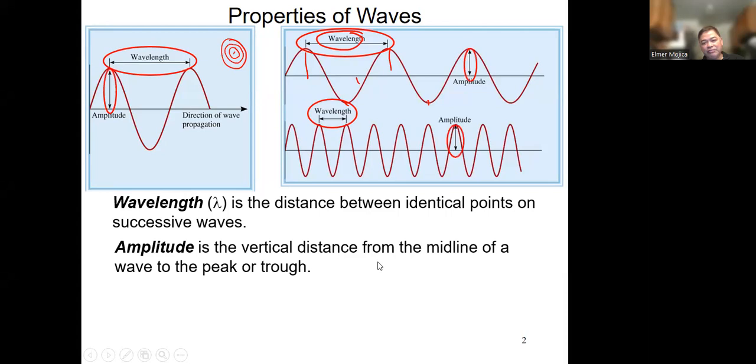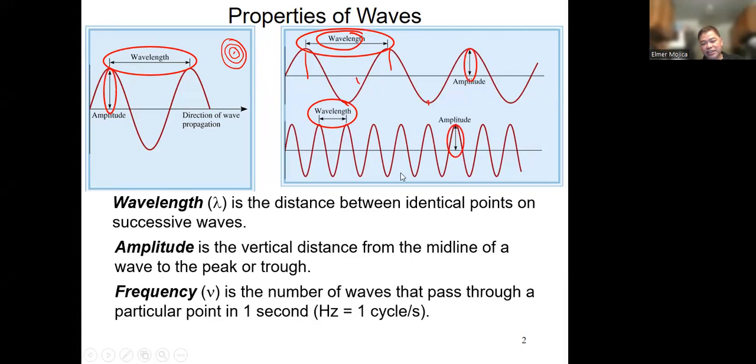That is what we call frequency. Okay, the number of waves that pass through a particular point in 1 second. So we could say cycles per second. So it can be like this, or like this, and the unit is hertz.